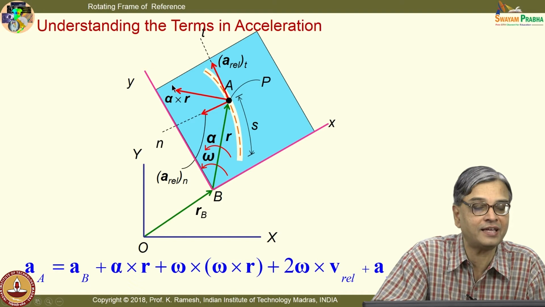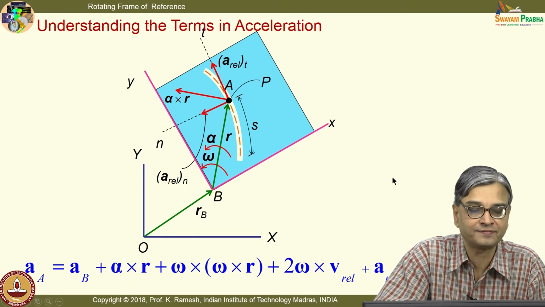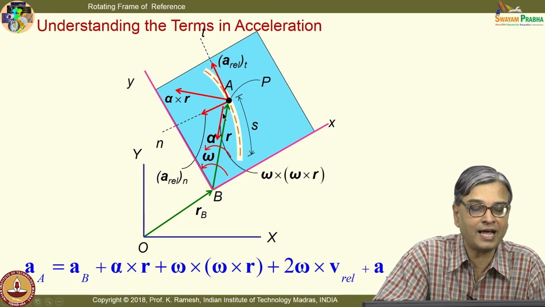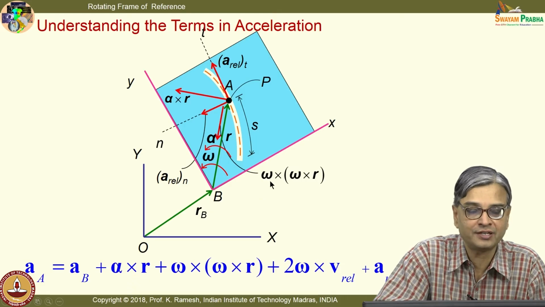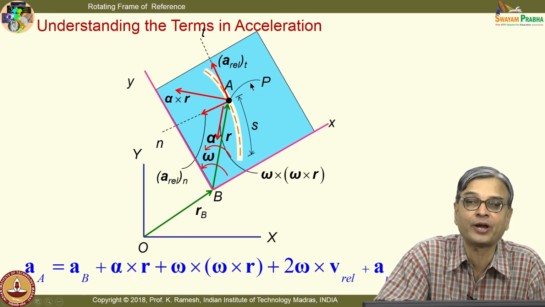So, this will be the component of acceleration in this direction, this is alpha cross r, and you will have a component towards the point of rotation about which it rotates, omega cross omega cross r. So, using this I can find out what is the absolute acceleration of point A.